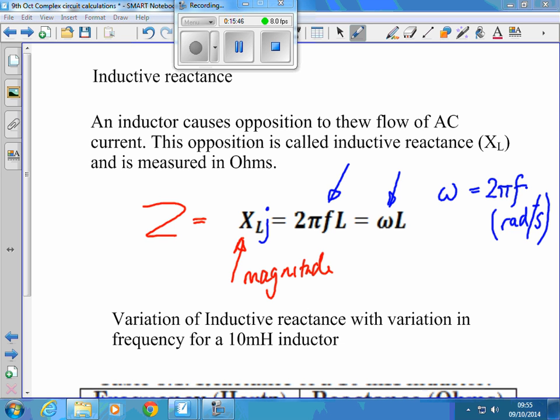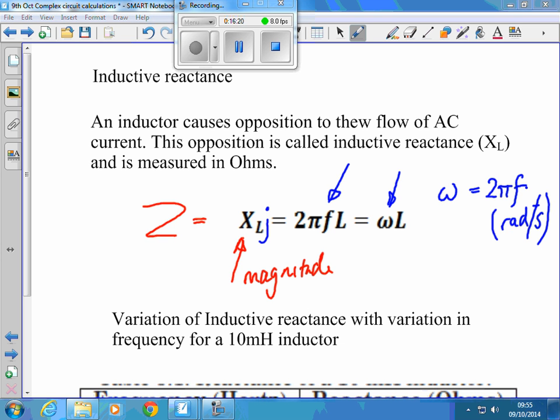It's called the angular frequency of the circuit. Quite often it's easier to work in omega initially and only use that formula if you want to know what the frequency f is in hertz, because it just takes pi out of the equation and makes the numbers less difficult.